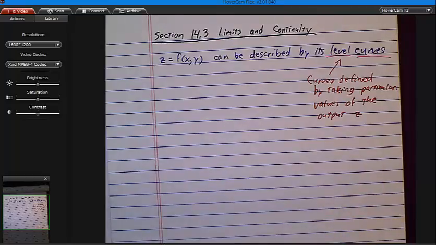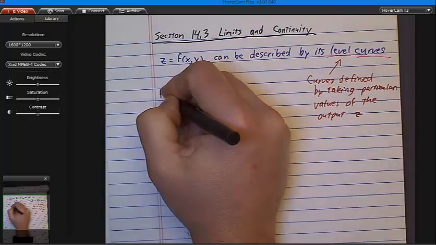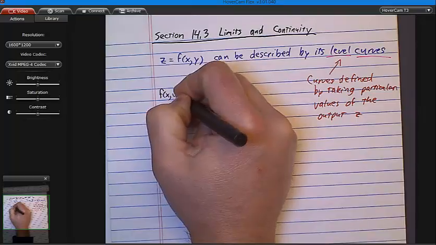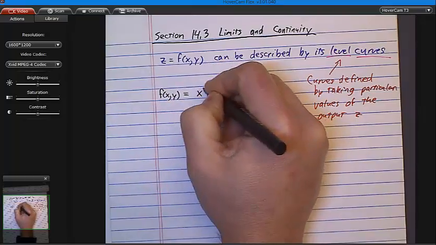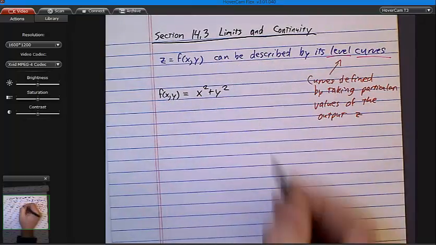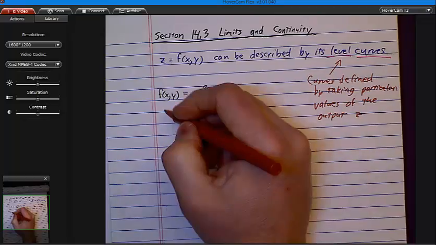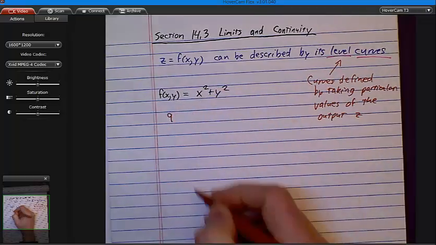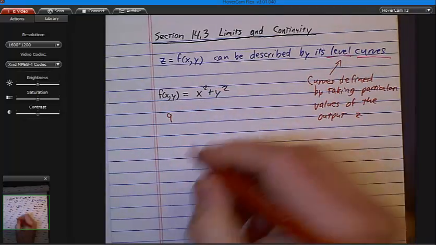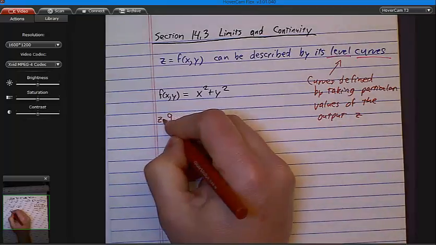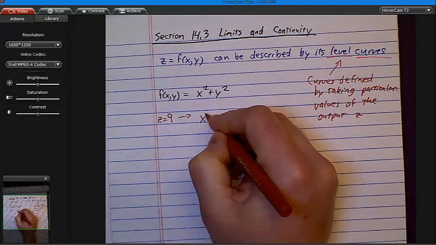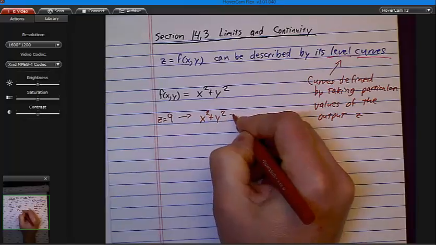For my example, I'll use the one I'm using right now. Suppose you have f of x, y is equal to x squared plus y squared. Then you can give me a particular value of z. You might say 9 if you're nice. Because if I take z equals 9, then the equation says that x squared plus y squared has to equal 9.